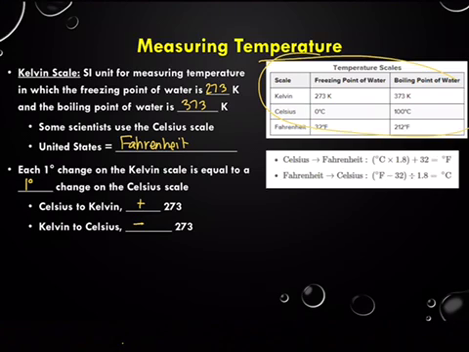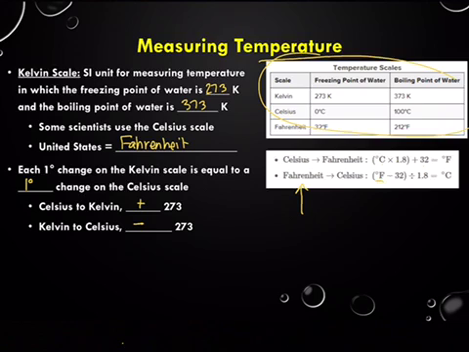And then when you have to throw in the Fahrenheit mess, you need to use one of these 2 formulas. So going from Celsius to Fahrenheit, you take your given Celsius temperature, multiply it by 1.8, and add 32 to get your Fahrenheit temperature. And the reverse is true from going Fahrenheit to Celsius.